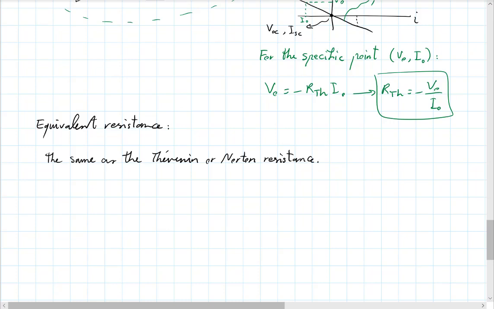But very typically, you deal with a circuit which doesn't have any source, and so its Thévenin voltage is 0, or its Norton current is 0. It just has the resistor. Okay.